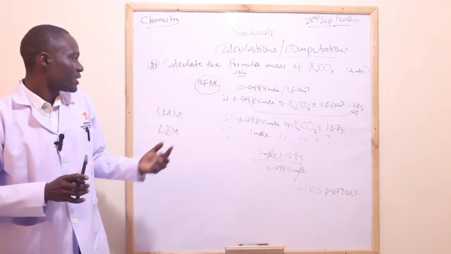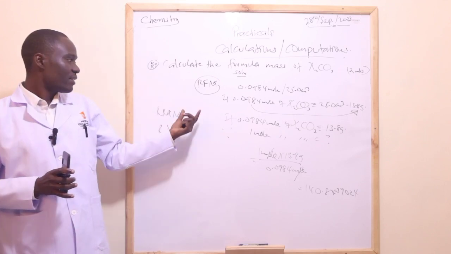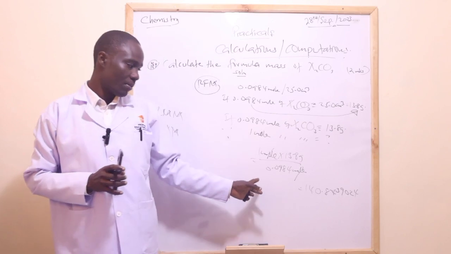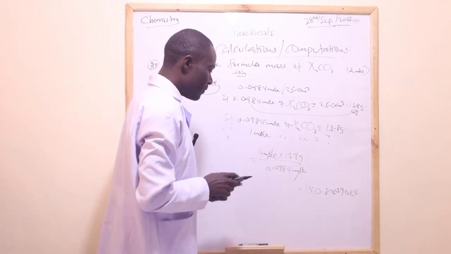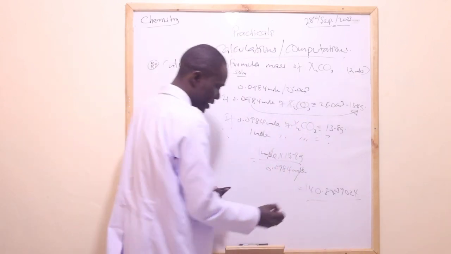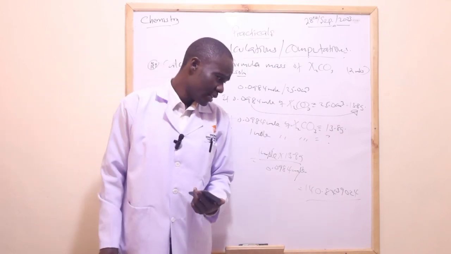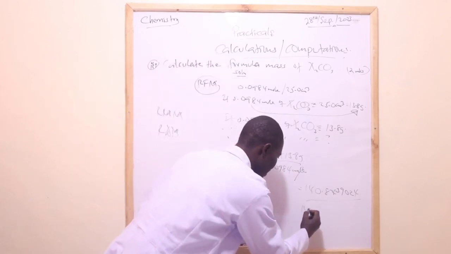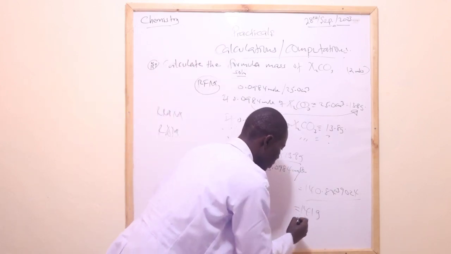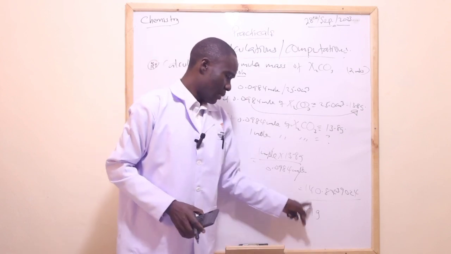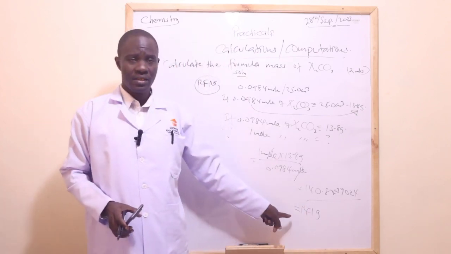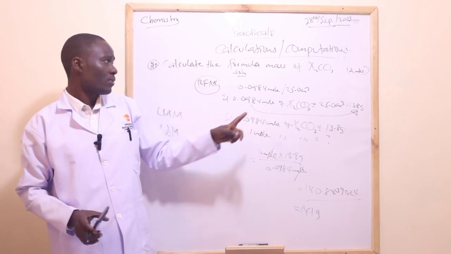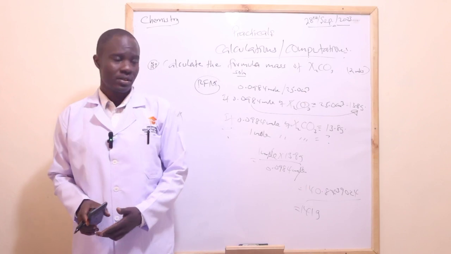Remember that the RFM, RMM, or RAM should be written as a whole number. So when you round off 140.843924 to the nearest whole number, we get 141. So 141 grams is the relative formula mass, or the formula mass, of this X carbonate.